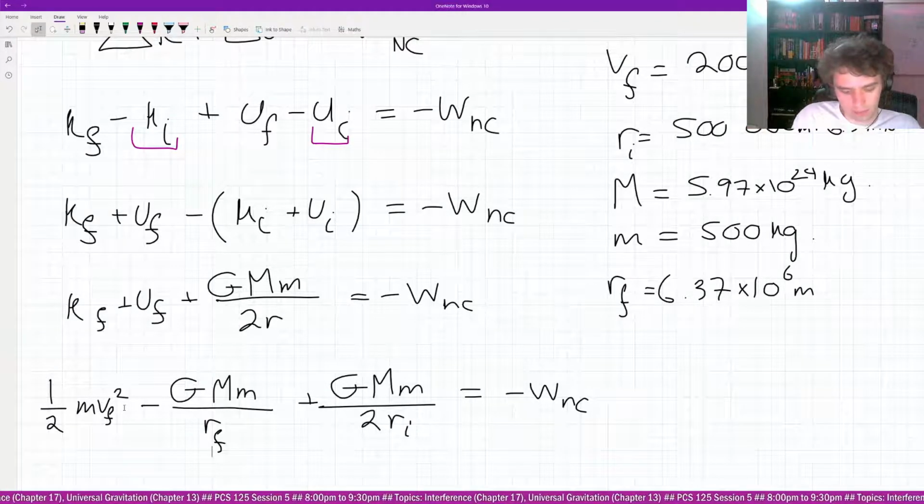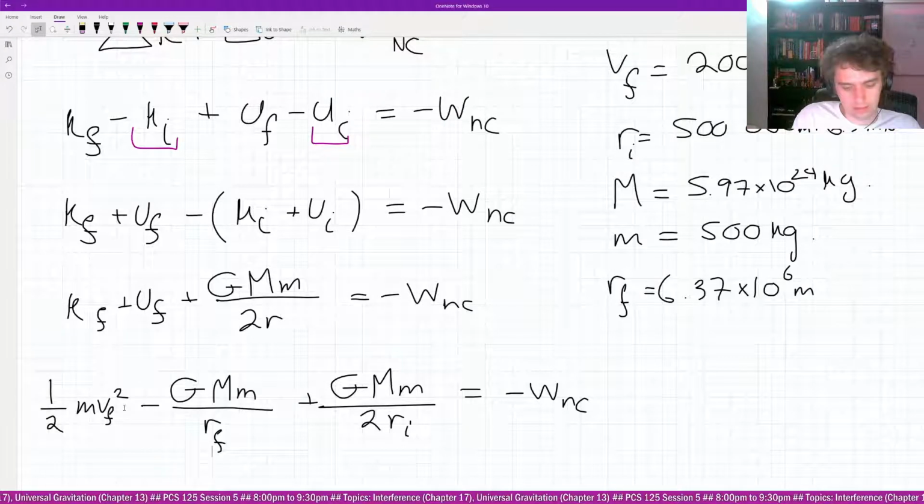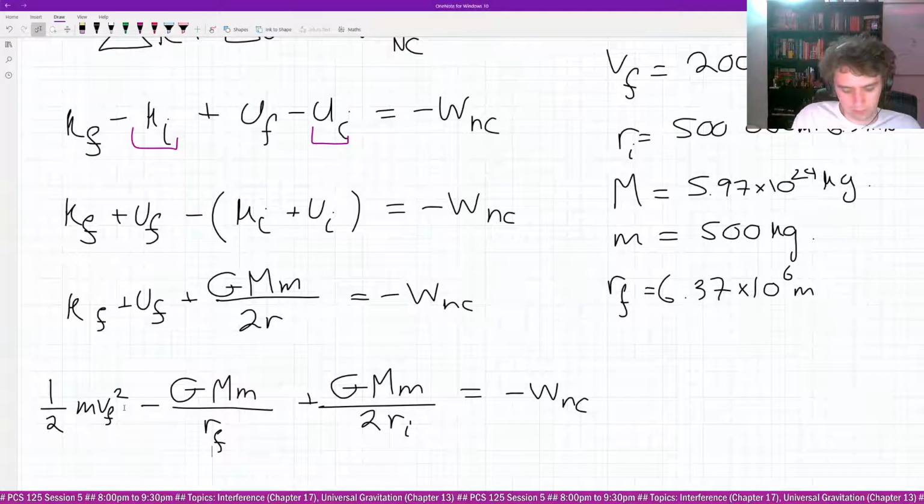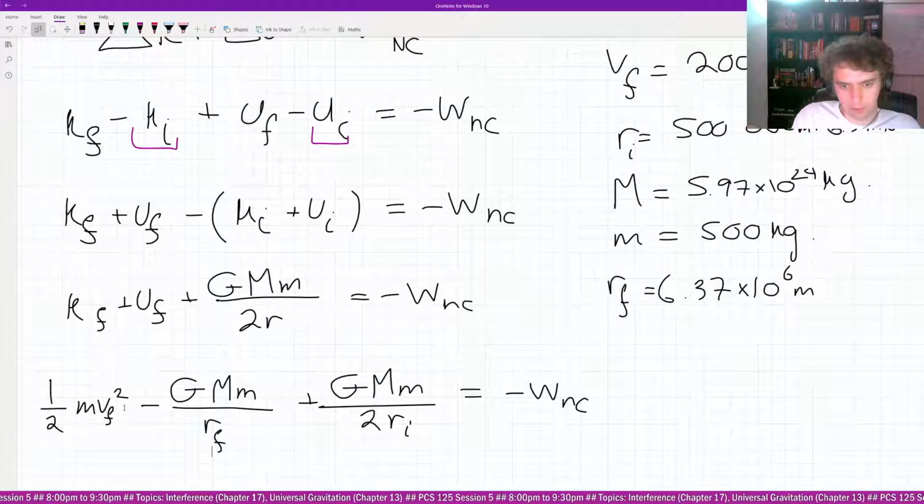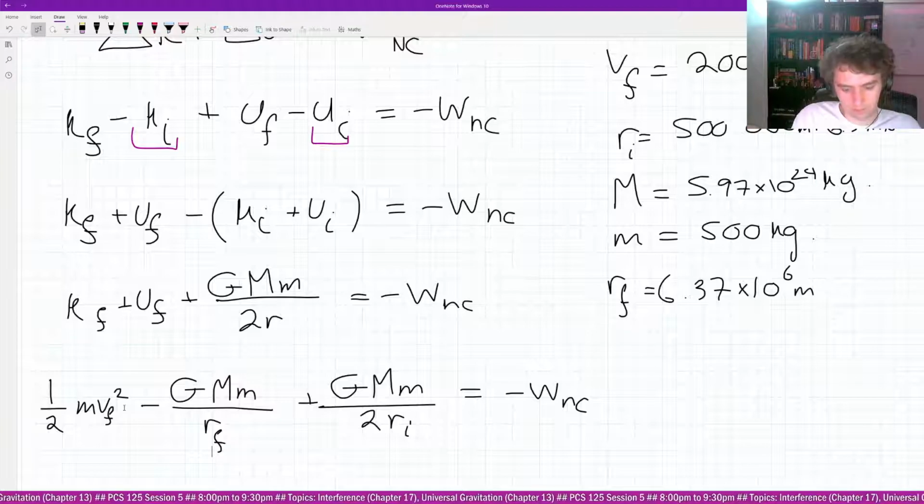And our final fraction is plus 6.67 times 10 to the negative 11 times 5.97 times 10 to the 24 times 500 over 2 times Ri, and Ri is 500,000 plus 6.37 times 10 to the 6.